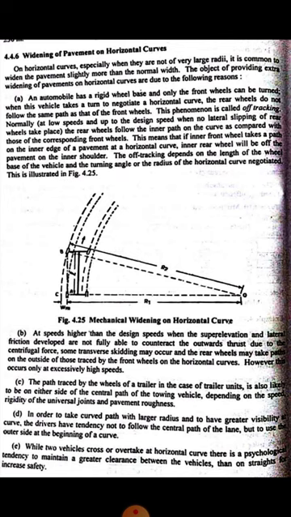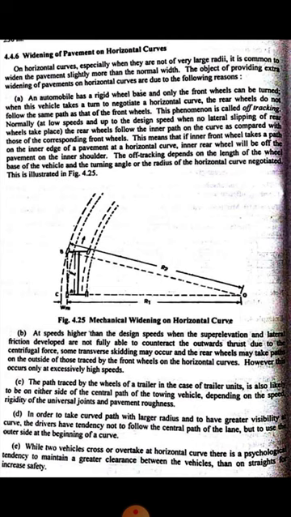This means that the inner front wheel takes a path on the inner edge of the pavement on a horizontal curve, and the inner rear wheel will be off the pavement on the inner shoulder. The off-tracking depends on the length of the wheelbase of the vehicle and the turning angle, or radius, of the horizontal curve negotiated.